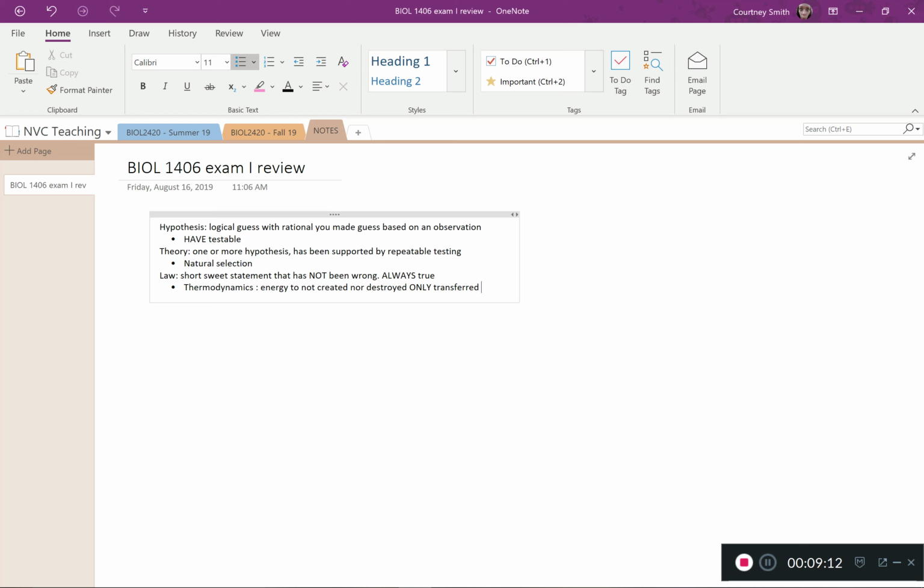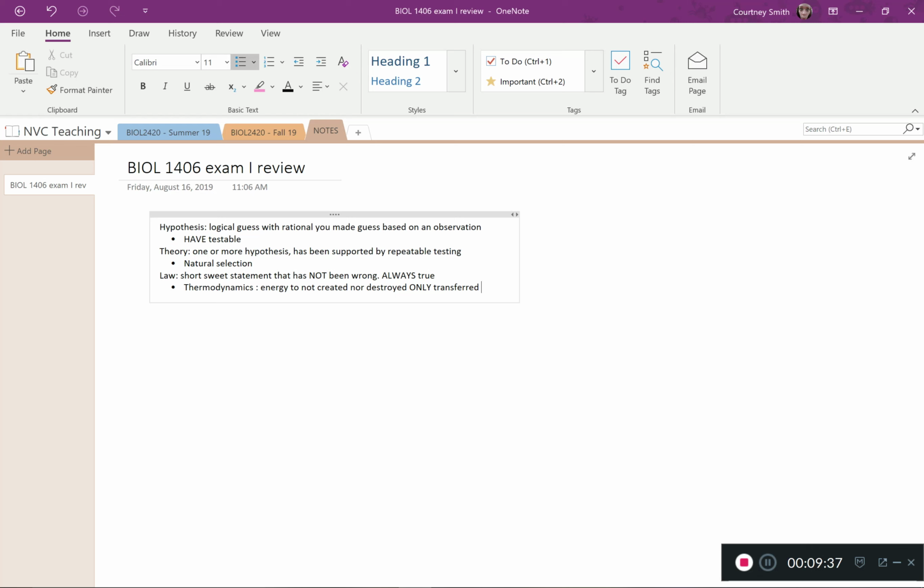And also, as time goes on, things can always progress. So you can always add a new law of something, or you can always add another component of a theory. So just know that these are not 100% rigid. They definitely can develop and mature as time goes on.